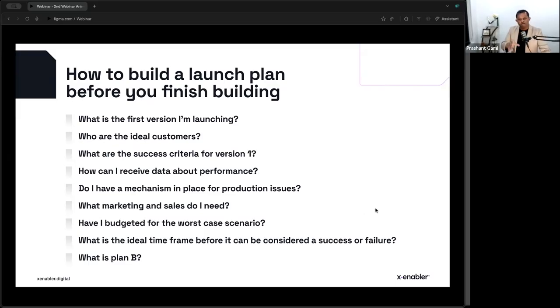And what is the ideal time frame that the user needs to use your product before they actually get used to using your product, right? And every product is different. How long did you have to use Gmail before you got used to it, versus how long do you have to use ChatGPT before you got used to it, versus how many times did you have to go to the gym before you got used to going to the gym?